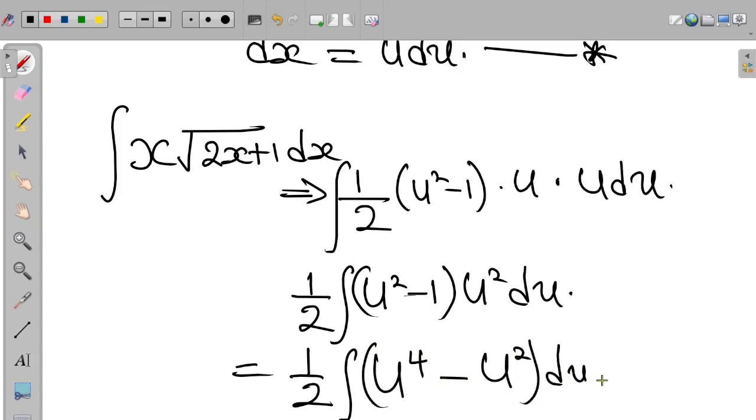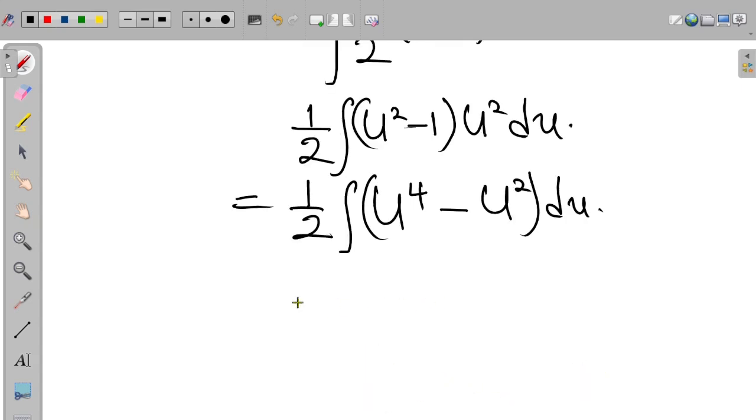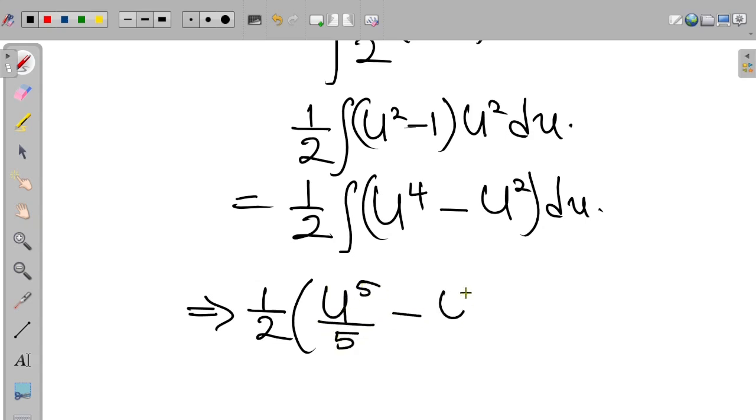So upon integrating, we have that this is 1 over 2 open bracket u to the power of 5 divided by 5 minus u to the power of 3 divided by 3 plus c, which is a constant of integration.